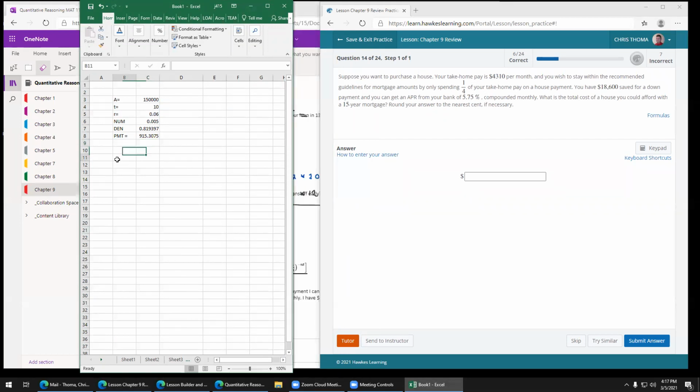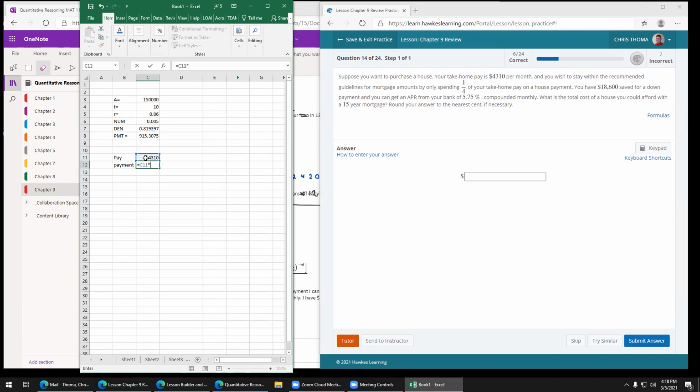Your take home pay, so this is our pay, 4310. We want to stay within the recommended guidelines, only spending a quarter. So this is our payment amount, which is going to equal 1/4 of this.